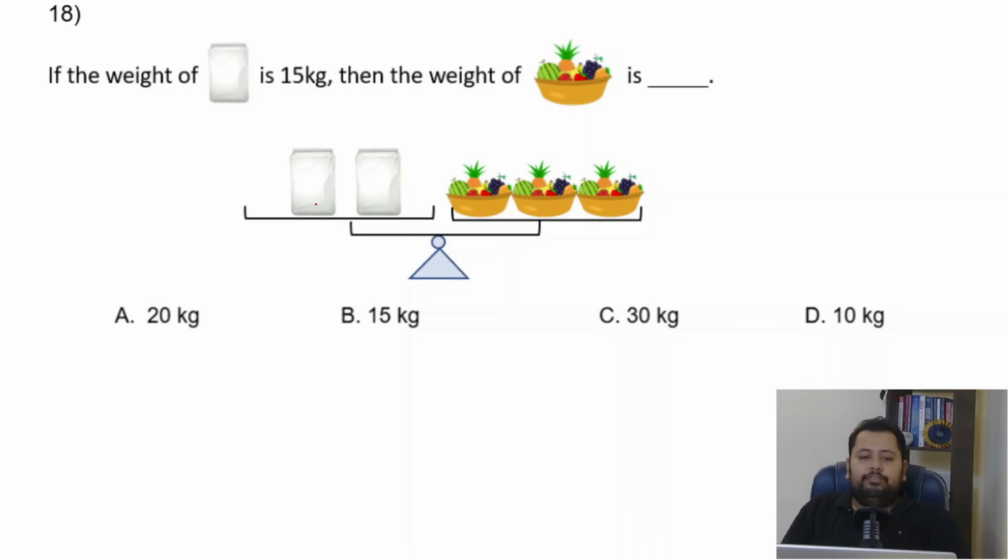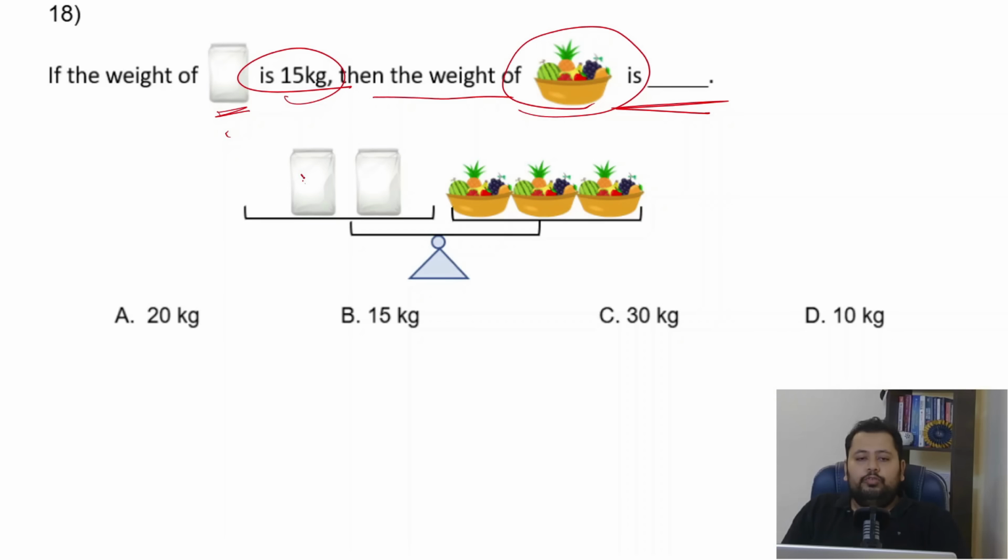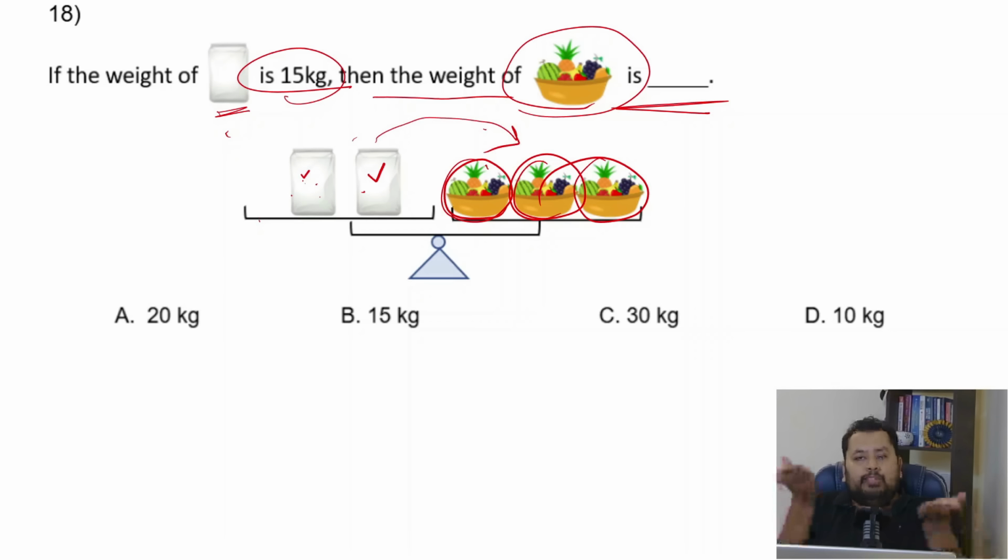If the weight of this sack or packet is 15 kg, then the weight of the fruit basket is dash, right? So this is 15 kg, this is 15 kg. You have to find out the weight of this, right? It has also been given that two such bags are supported similarly.